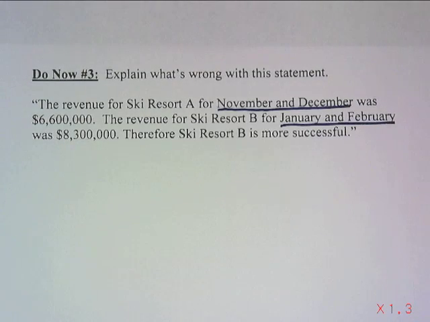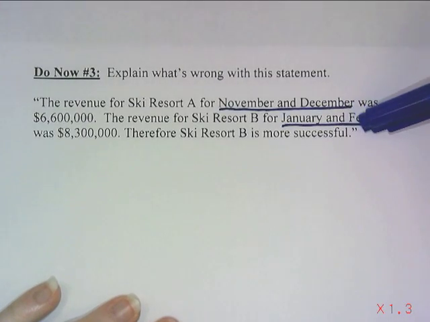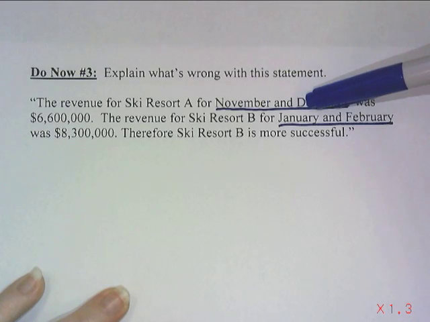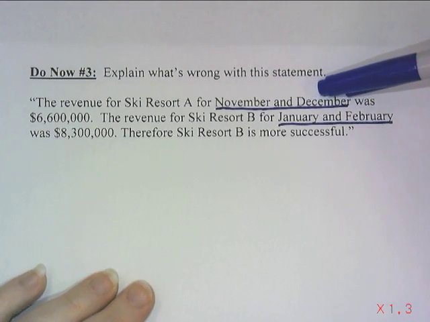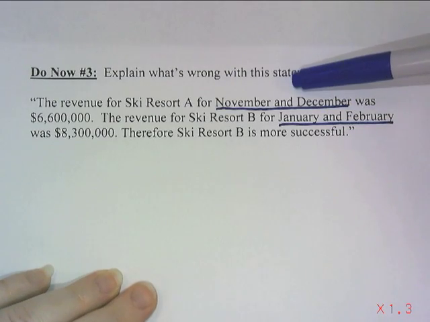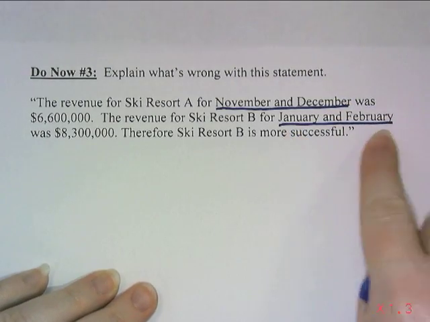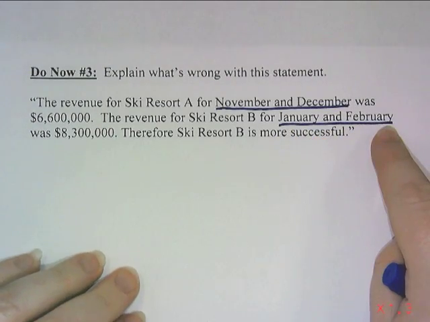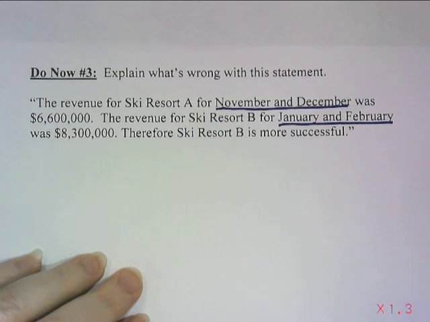First of all, if we're talking about ski resorts, there tends to be more snow in January and February. November and December, that's really mainly the end of fall and the very beginning of winter. And yes, there can be some snow there. But the more time that there has been for snow to fall and develop, the better the skiing is going to be. Secondly, what tends to happen in November and December?